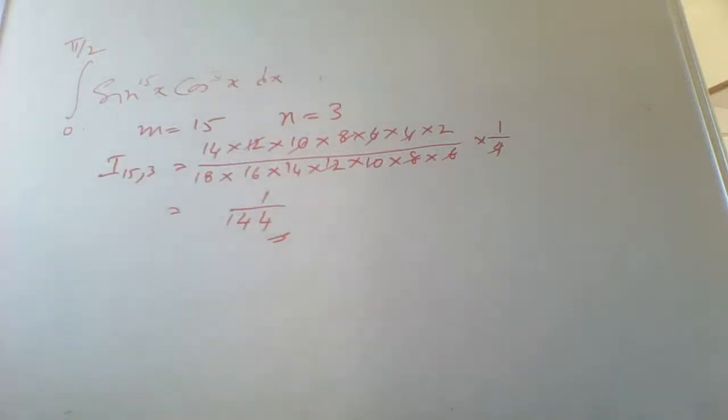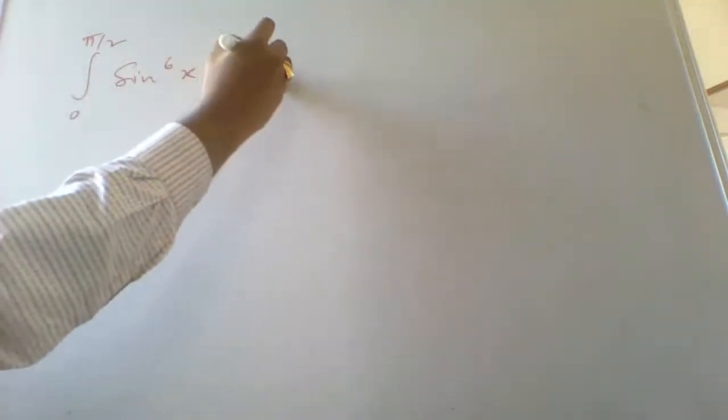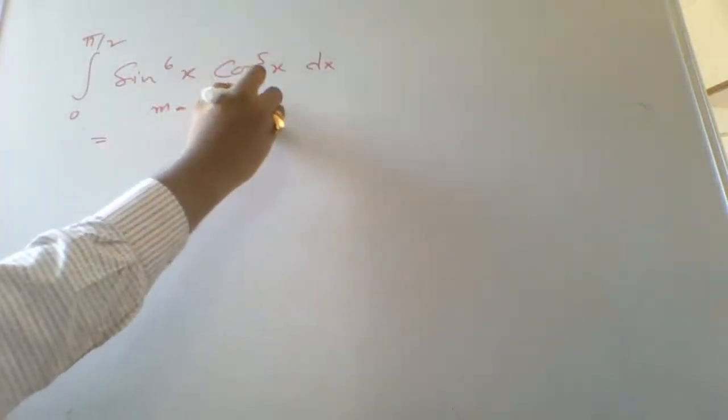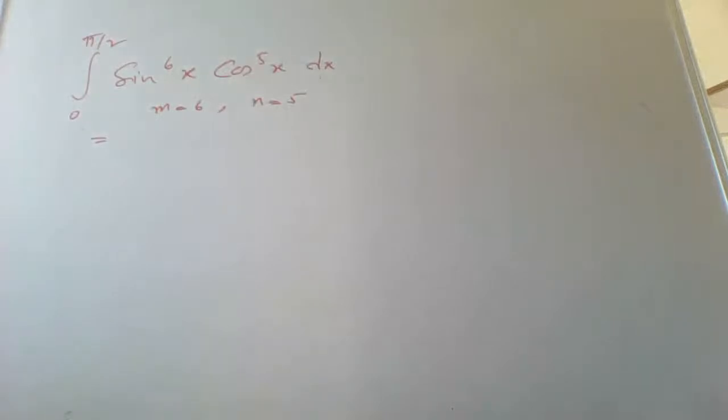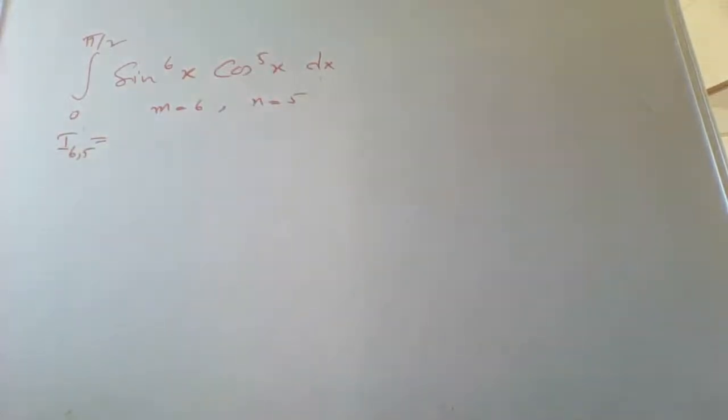I hope you understood this. We'll see one more example. Suppose I have the integral from 0 to pi by 2 of sine power 6x and cos power 5x dx. So here m is 6 and n is 5, so you will have I(6, 5).